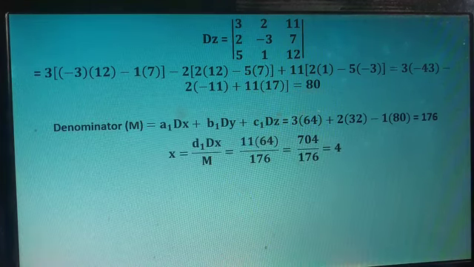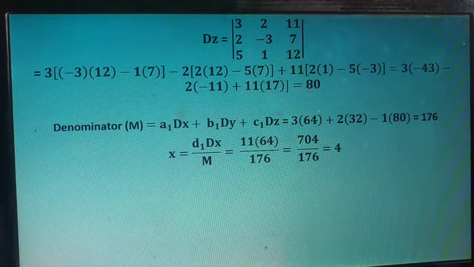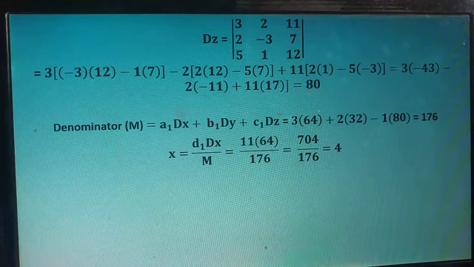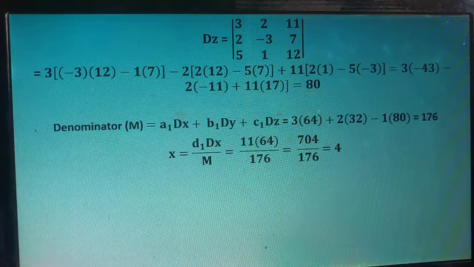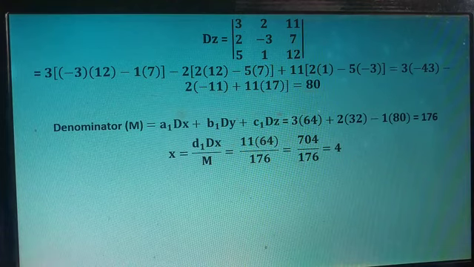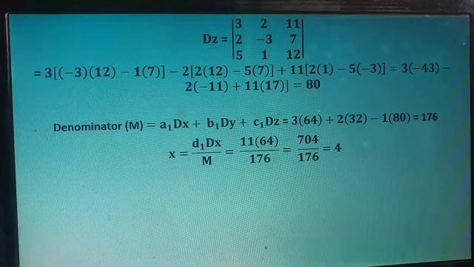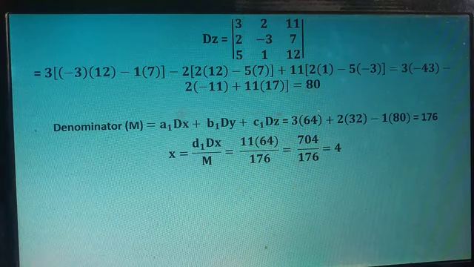To find x, we need to multiply the constant from the first equation by the determinant of x, because I'm using the first equation. Remember, when you are finding x, you multiply the constant from the particular equation you are using by the corresponding determinant of what you are finding.